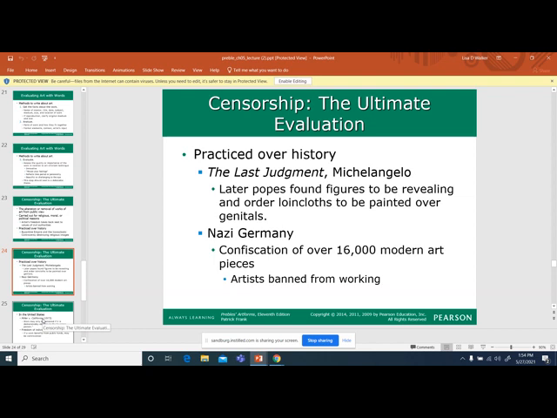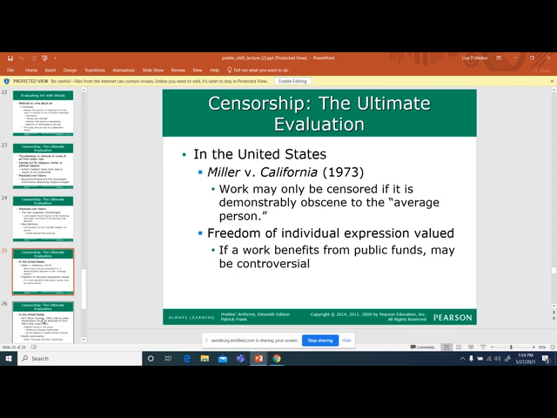Or the style was something that Hitler didn't like. 1973, Miller versus California. Work may only be censored if it is demonstrably obscene to the average person. What does that even mean? What does that even mean anymore?